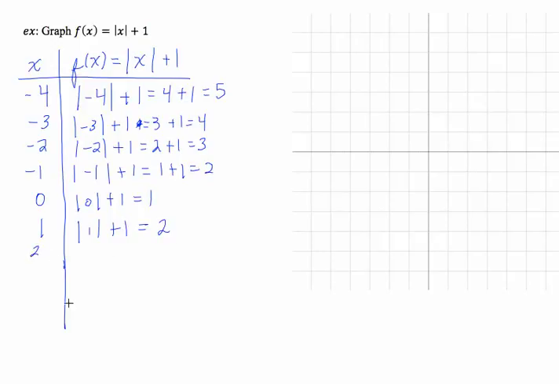If x is 2, the absolute value of 2 is 2, plus 1 is 3. So it looks like the numbers are going back up, and I think I have plenty of numbers now to plot. So when x is negative 4, we get y is 5. When x is negative 3, y is 4. When x is negative 2, y is 3, and so on.